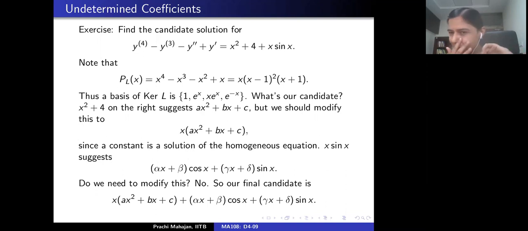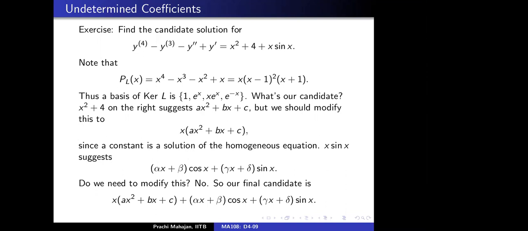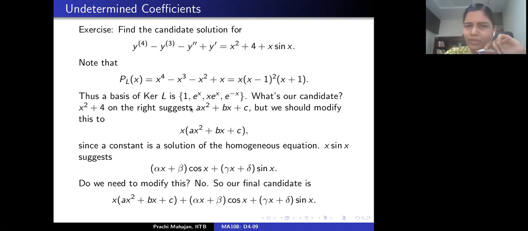Ma'am, instead of ax square plus bx plus c, multiplying the whole thing by x, why not just take ax square plus bx? See, we can't just take x square plus bx plus c. We have to account for a generic polynomial of degree 2, because our solution is x square plus 4.